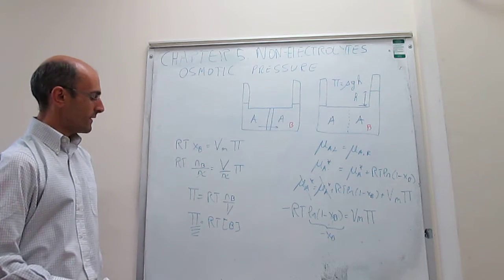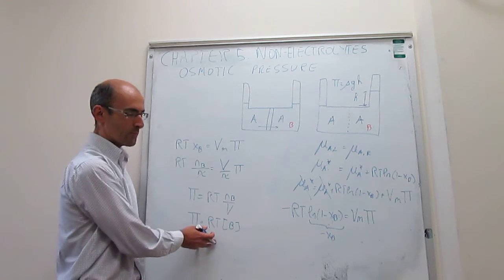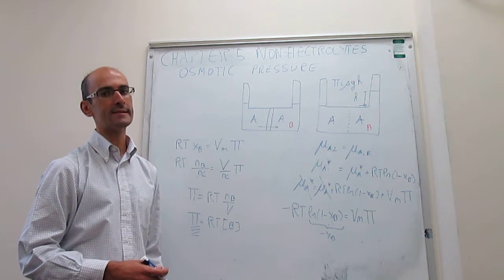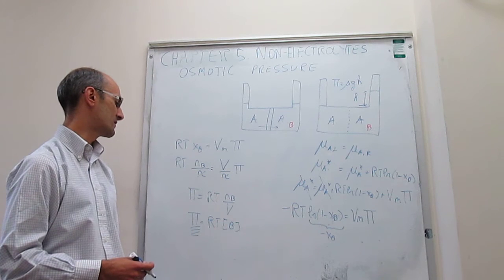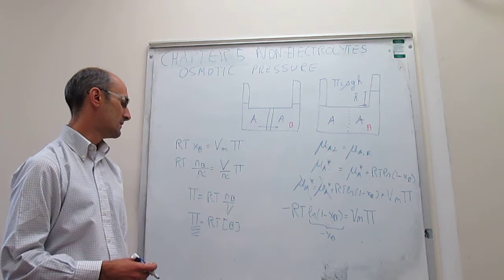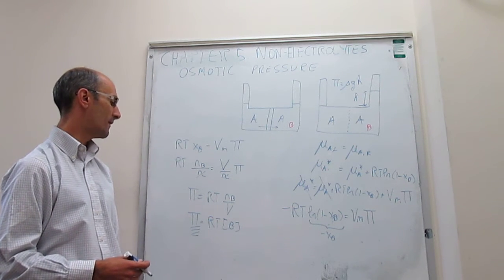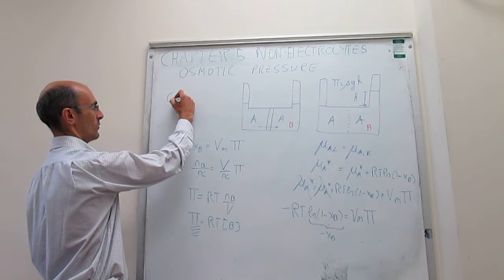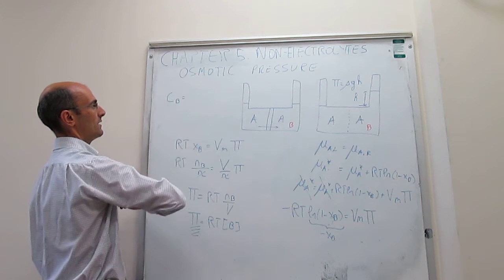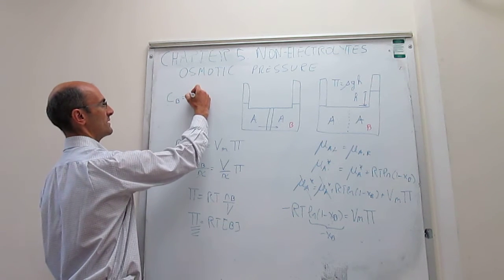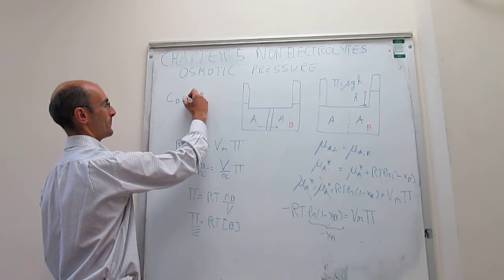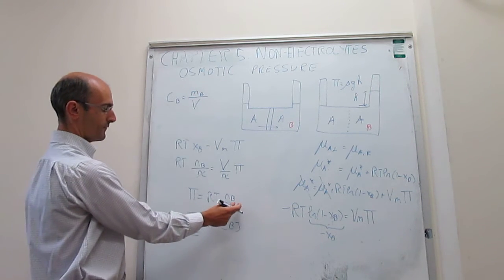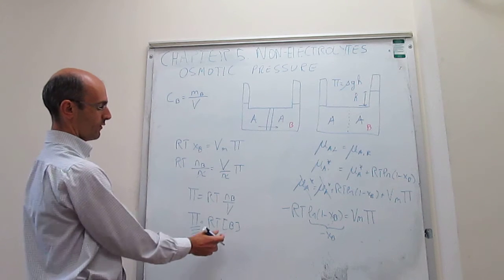Now, usually the way that we employ osmotic pressure measurements is to determine the molar mass of a particular substance. So the way that the molar concentration is related to the molar mass is as follows. Notice that the mass concentration C sub B is equal to the mass of B over the volume of the solution, and here we have the number of moles of B over the volume.